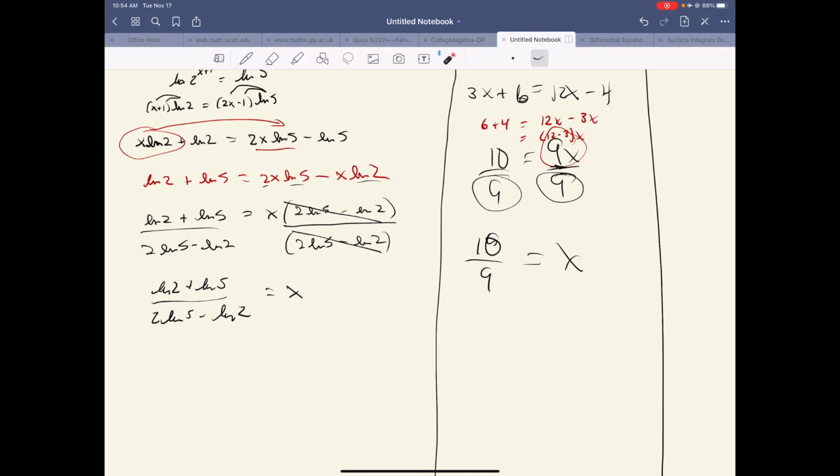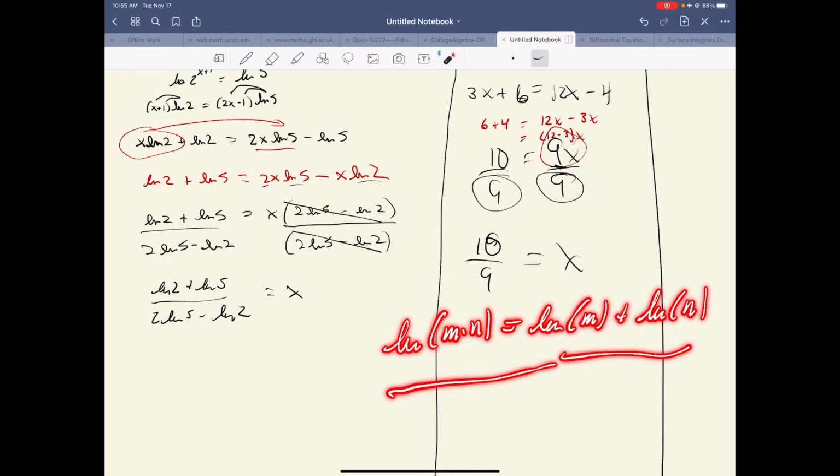So where I was saying we have a rule that was log base b of m times n was log b of m plus log b of n. What that means is, more specifically, that ln of m times n is equal to ln of m plus ln of n.